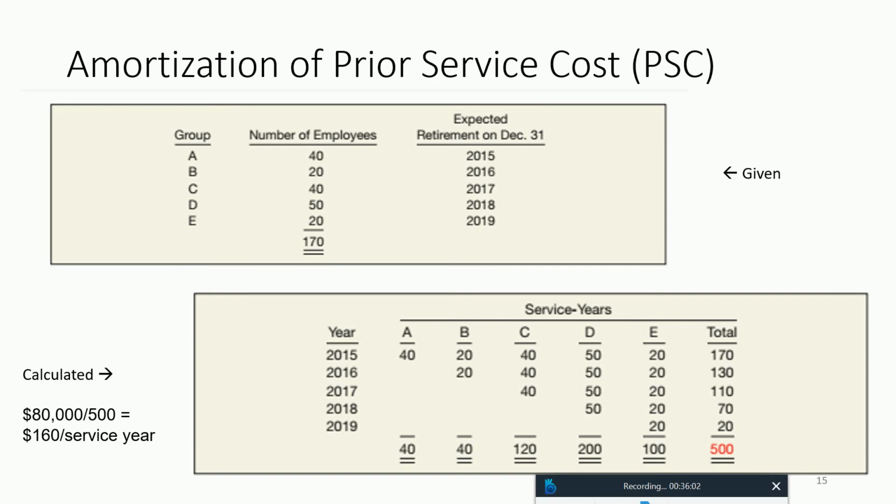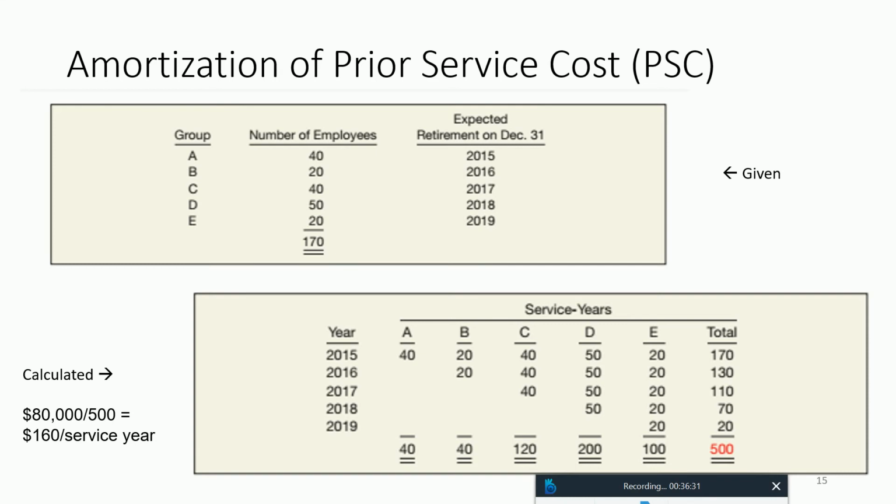Okay. There are 20 employees in Group B. And in Group B, those employees are going to retire at the end of 2016. So they are going to provide 2 additional years of service. So they're going to have 20 years of service in 2015, 20 years of service in 2016. They have total service years of 40, calculated as 20 times 2.